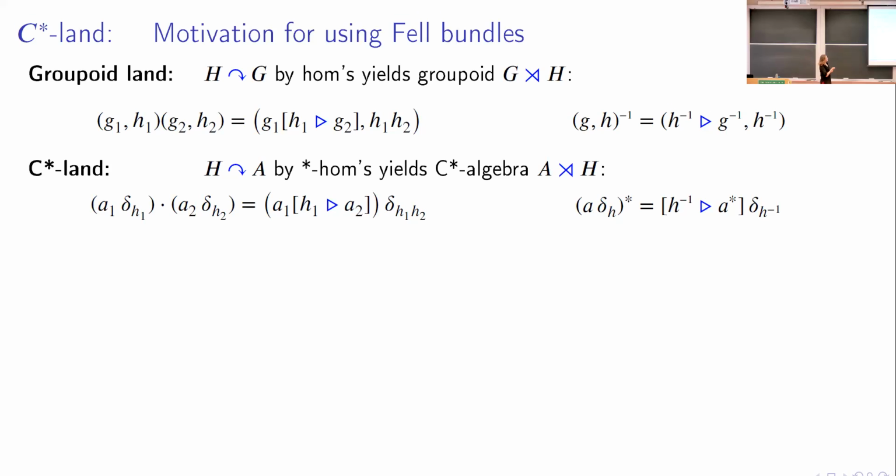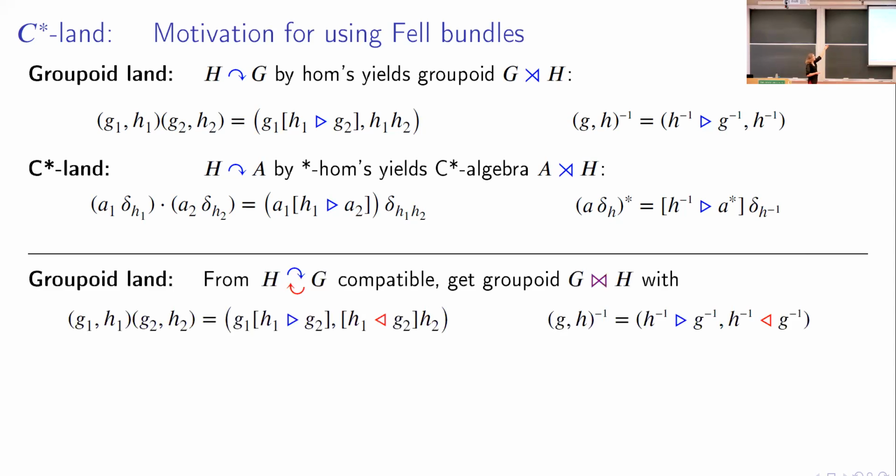And similarly, I take my involution, I copy paste my inversion formula, and an inverse becomes a star where it makes sense. So we all know how to do that, and that this really is the C-star algebraic analog of the semi-direct product in group land. So now again, I have this other construction in groupoid land, which is the Zappa-Szép product, where I have two actions and I pay two prices.